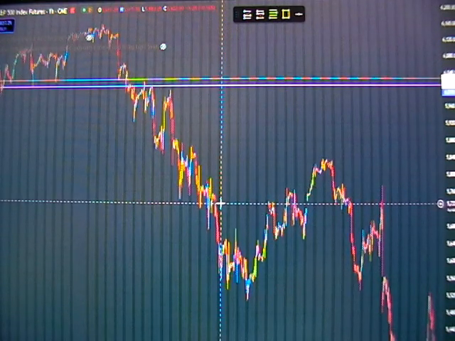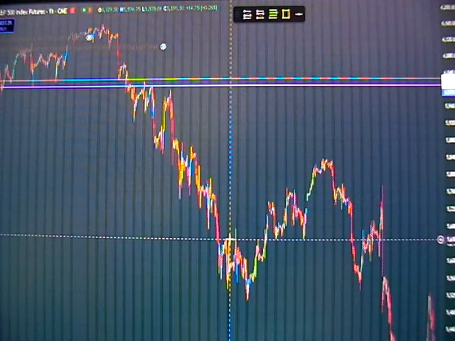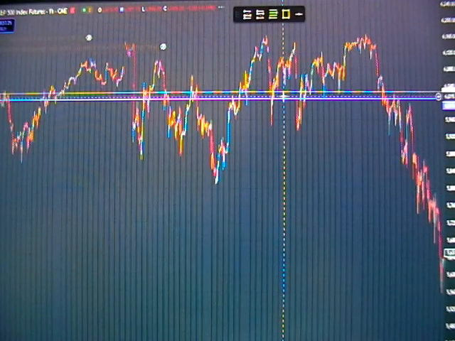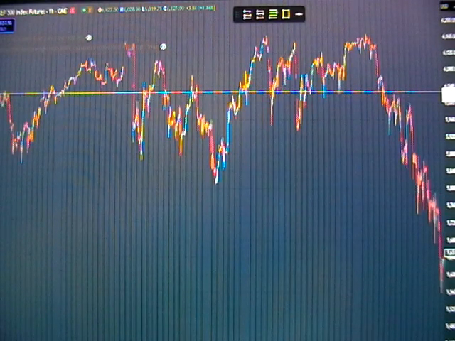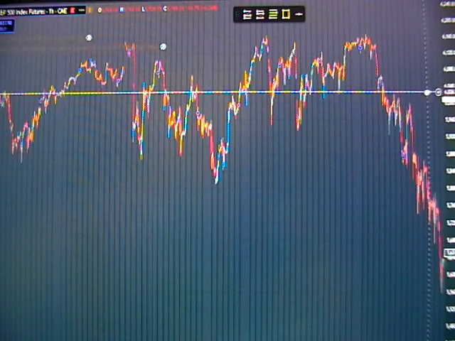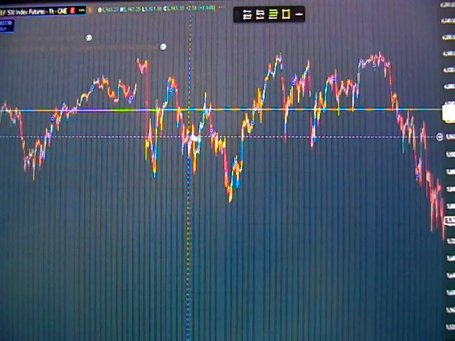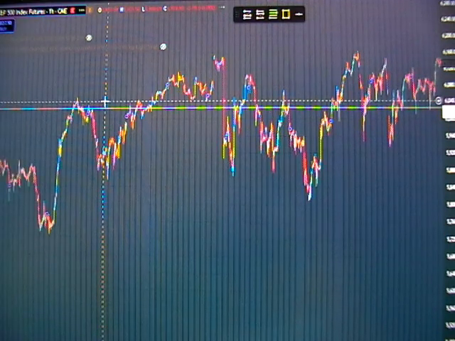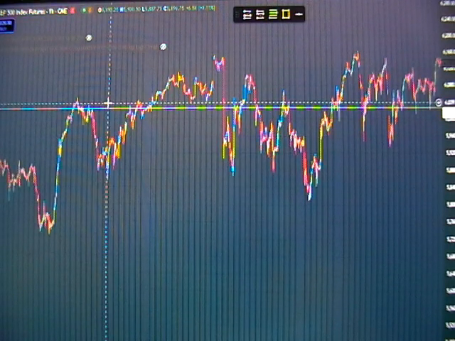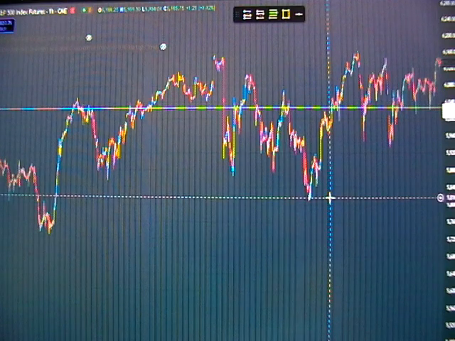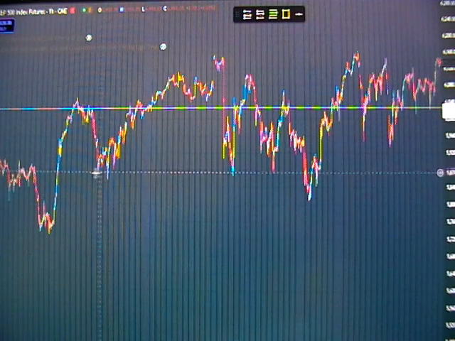We can say that for every single one of them. Like, yeah, right here, we had this low, and yeah, we did not break. I mean, we did right there, but not right here.